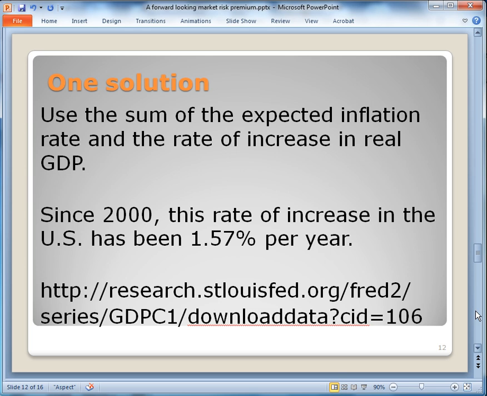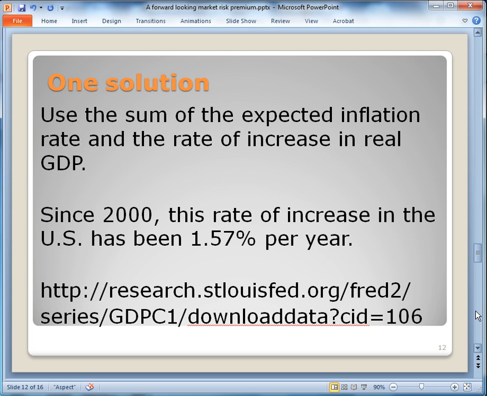and add to that an expected rate of increase in real gross domestic product. Now, why would we not just use nominal GDP? The reason is that the rate of increase in nominal GDP fluctuates pretty heavily based on inflation rates, and real GDP seems to be a good deal more stable.